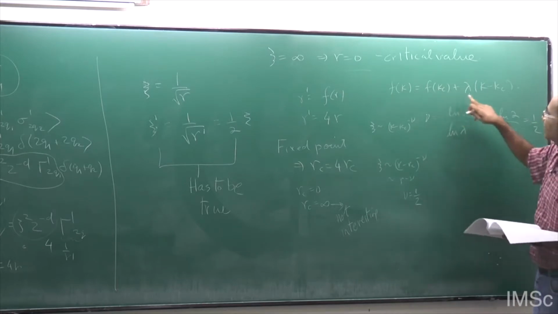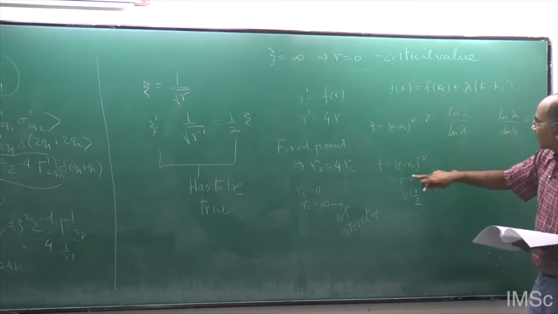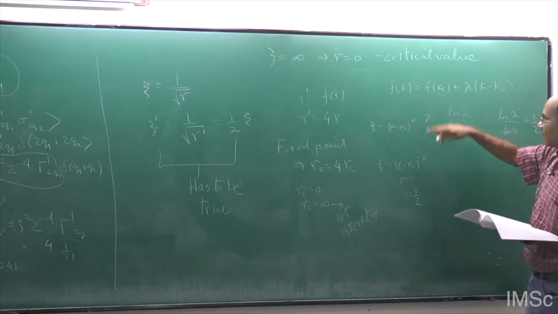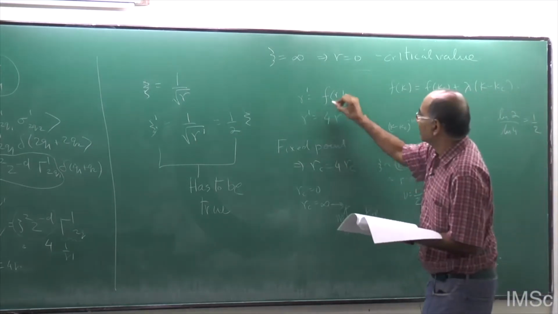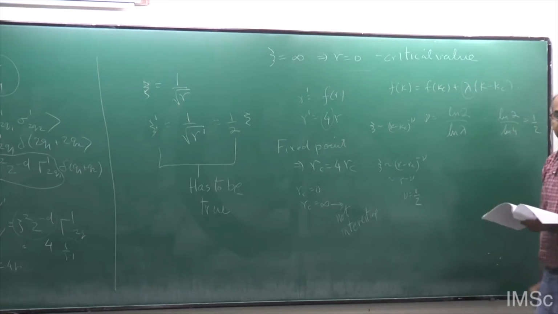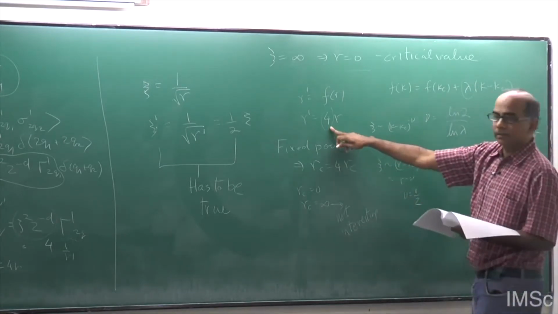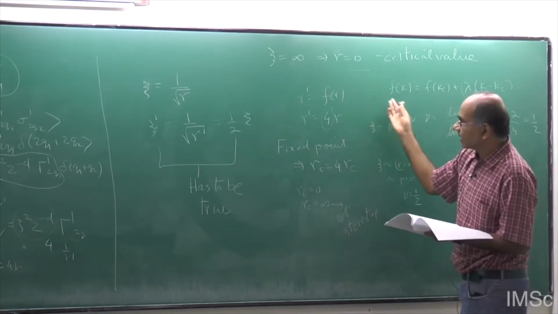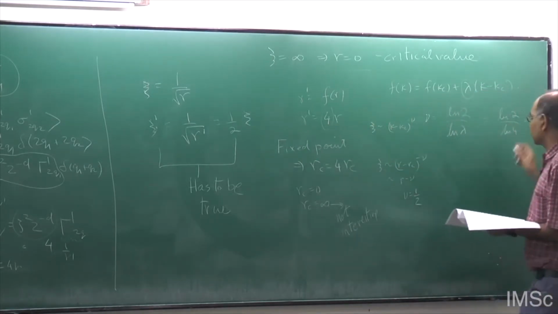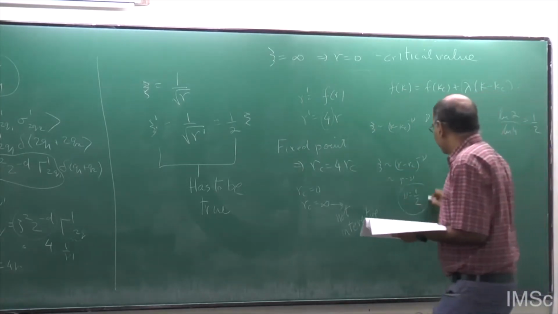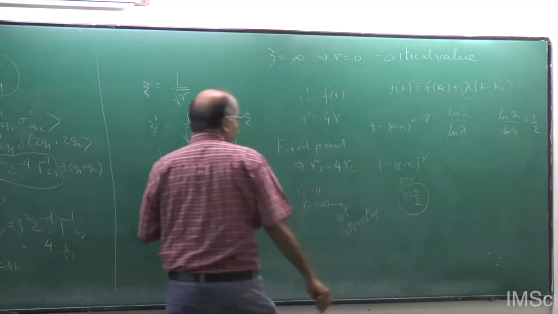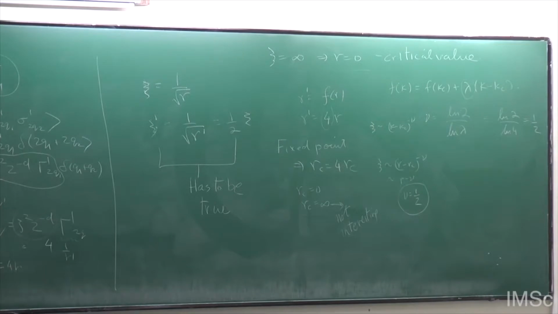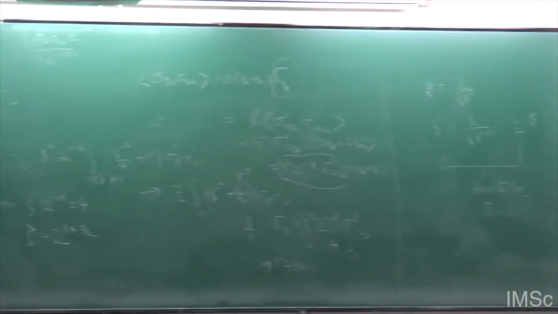Lambda is 4 because R prime is 4R. This is R prime minus RC over R minus RC. RC is just 0, so it's just 4. So it's half.